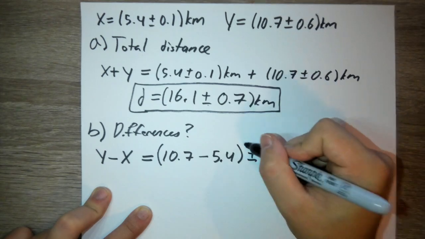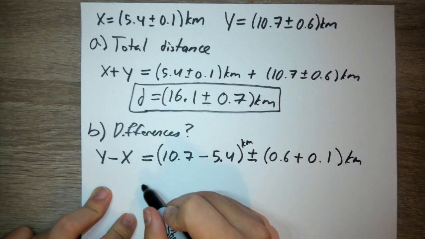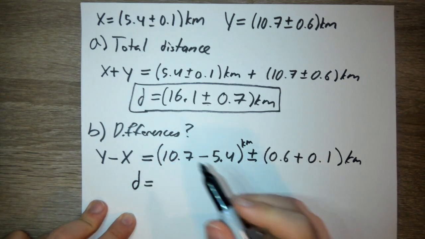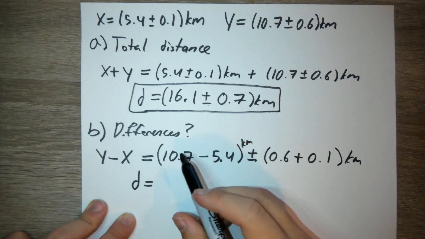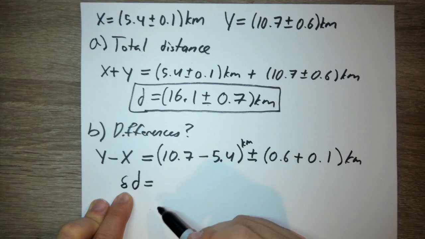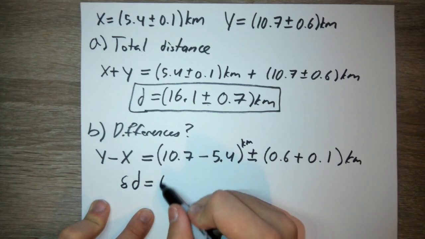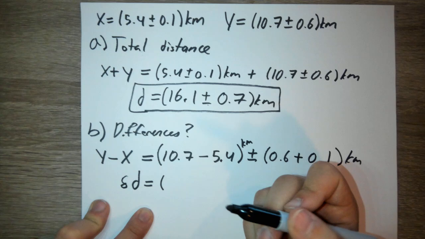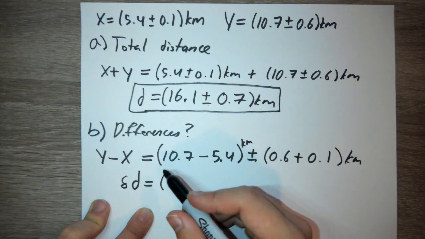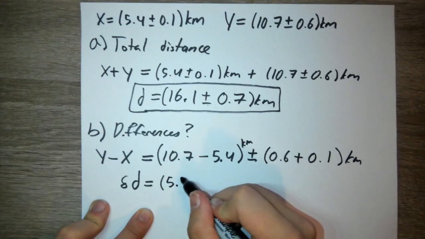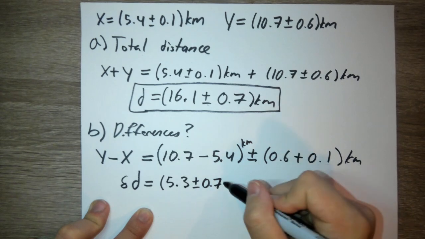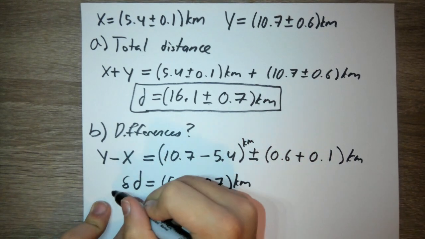And there should be units there. And what we get is our difference in distance is, I will put a small delta there to indicate the difference, which delta, along with uncertainty, also represents change in something. So change in distance, 5.3 plus or minus 0.7 kilometers.